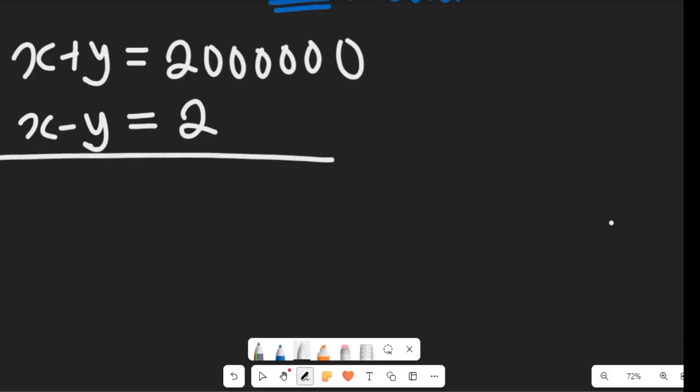We can get the pairs of factors for these two expressions. If I add both sides, I'm going to have 2x equal to 2 million and 2, right?